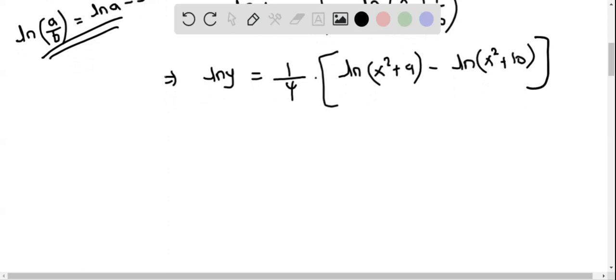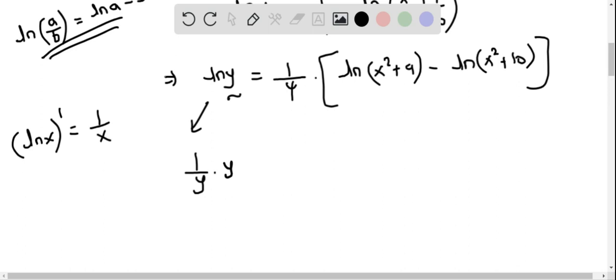So we have simplified the right side expression. Now we can find the derivative on both sides. To find the derivative of natural logarithm of y, we can use the derivative of natural logarithm of x, which is equal to 1 by x. So first I put 1 by y, and then we apply the chain rule to find the derivative of y, which is y prime, and this equals 1/4 here. Now we can find the derivative term by term.